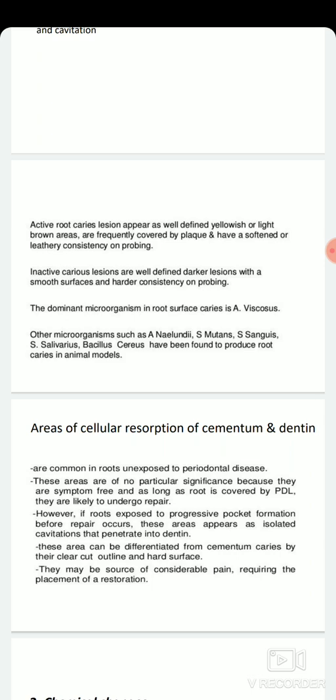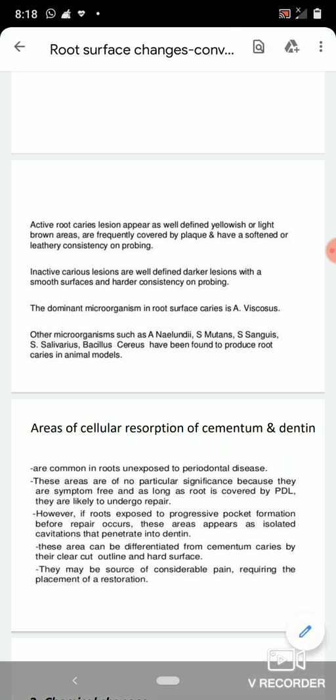Other microorganisms such as Actinomyces naeslundii and Streptococcus mutans, sanguis, salivarius have been found to produce root caries in animal models.